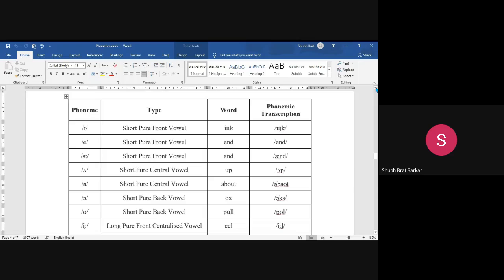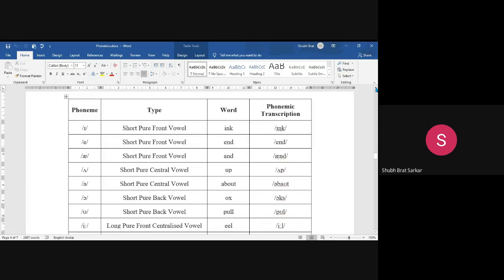Active articulator will be well defined, will move towards a passive articulator. There will be a gap in between the active articulator and the passive articulator. The articulators will come close but never touch. According to the articulator and the place, we can classify the vowels into front vowel, central vowel, and back vowel.